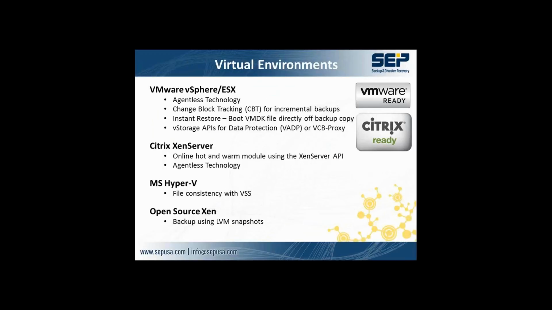On the Citrix side of things, everything again is agentless. One cool thing that we do with Citrix is we prevent any activation loss. So if a Windows server crashes or goes down and we restore that VM, it doesn't require any activation with a Windows product key code or anything like that.